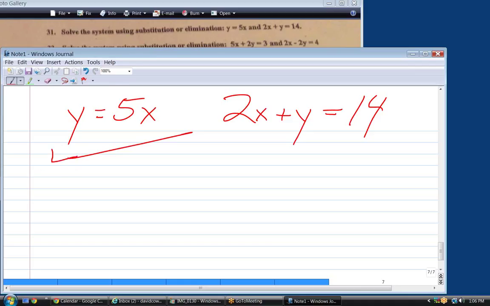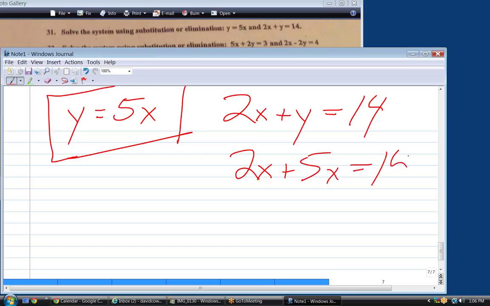Notice this is fully defined for y, which means I can take whatever it's equal to and substitute it into this equation. So how do I write my second equation now? 2x plus 5x equals 14?